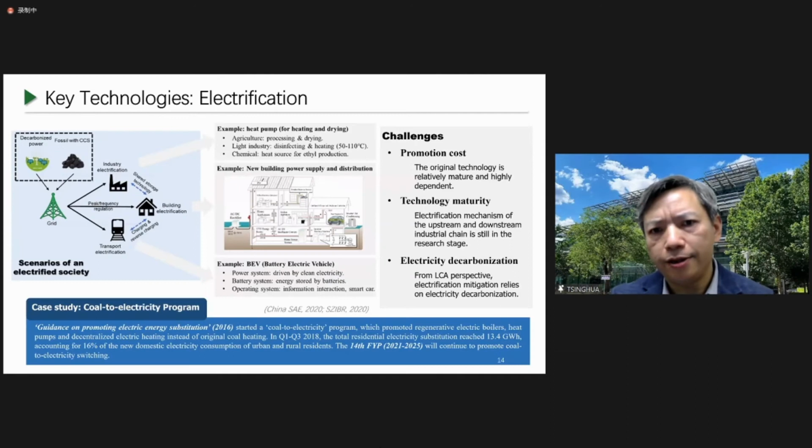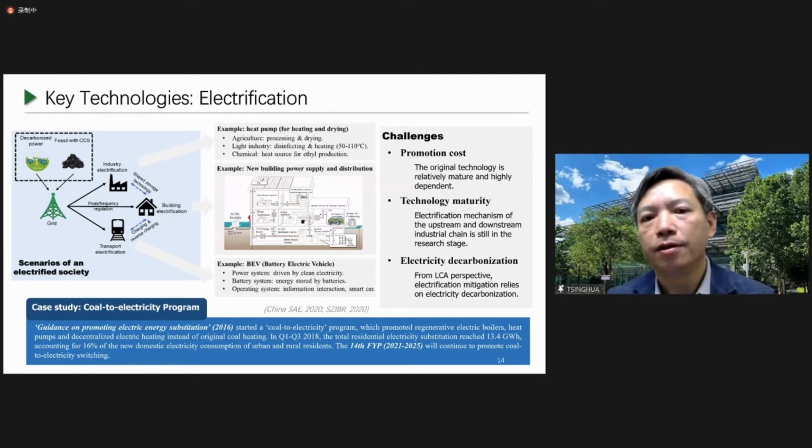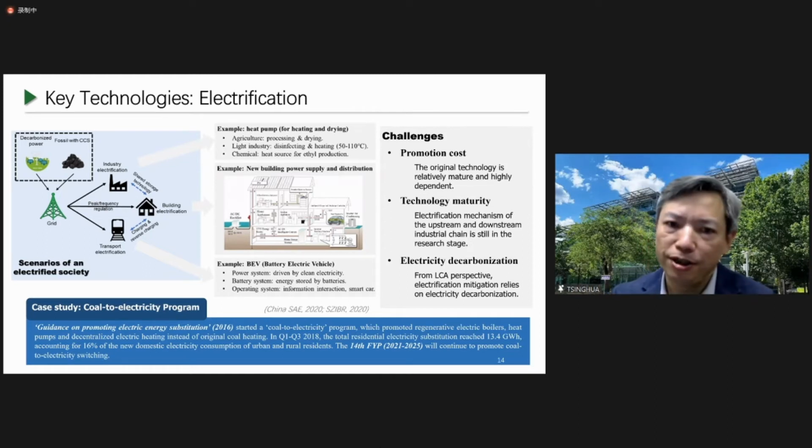Now let's have a look at the application cases of electrification, or what does an electrified society look like? From the production side, the power plant is deeply decarbonized with renewable energy or fossil fuel with CCS, providing zero carbon electricity to the smart grid system, which transmits electricity to different sectors.